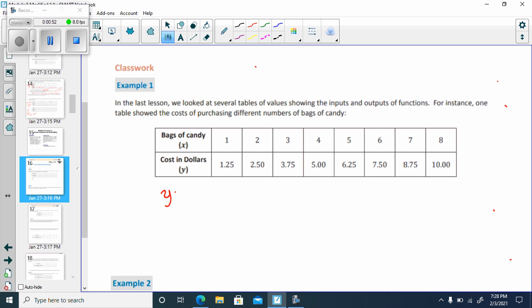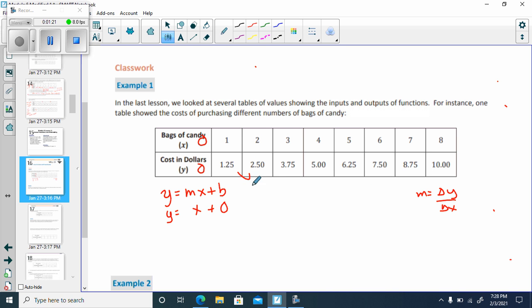We know if it's linear, it starts with y is equal to mx plus b. Now, our b is where we begin, where we have 0 bags of candy. Looks like here with 0 bags of candy, our cost is going to be $0. Now, all we've got to find is the m, the rate of change. Well, if 1 bag of candy is $1.25 and 2 bags is $2.50, we know our rate of change is the change in y over the change in x.